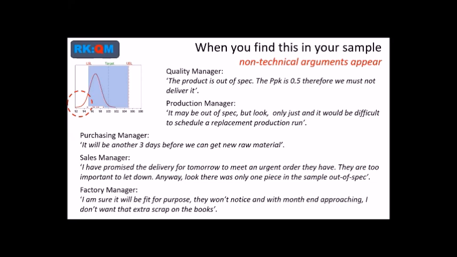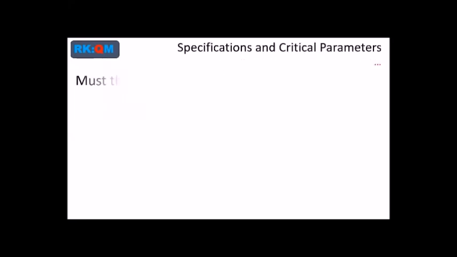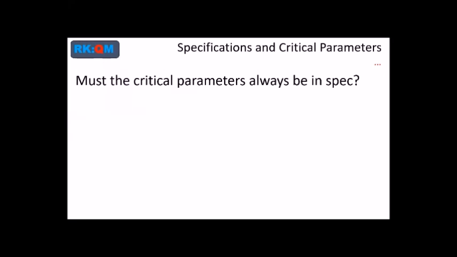So, if this is allowed to happen, what is the point of a specification? Critical parameters, more questions for you. Must the critical parameters always be in spec? Surely, for a truly critical parameter, all parts must be in spec.